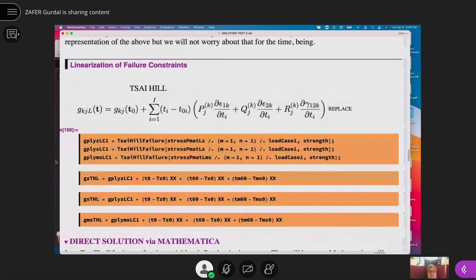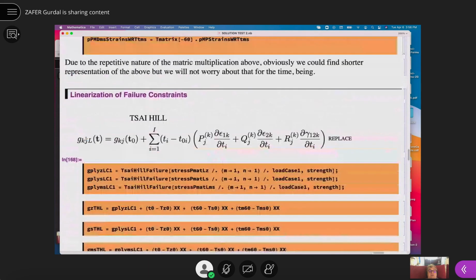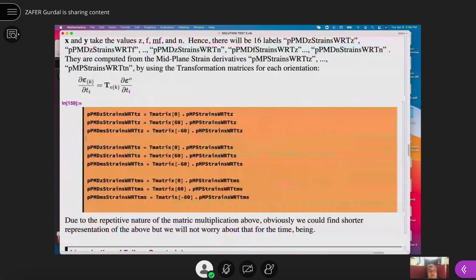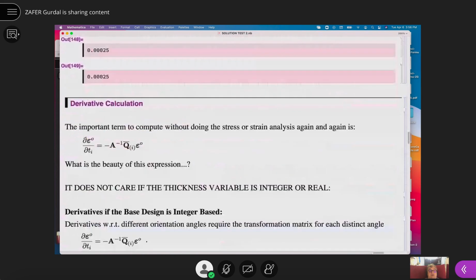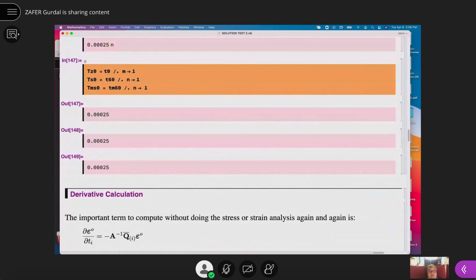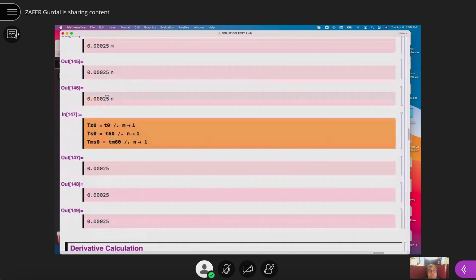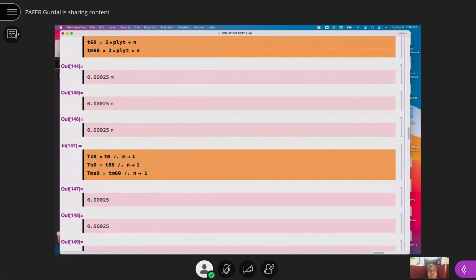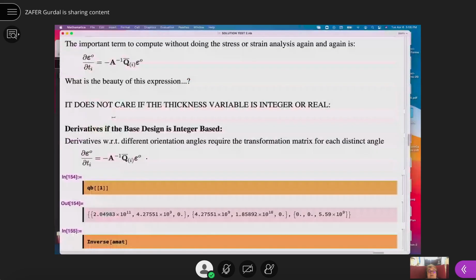T minus TZ0 comes, one of them is a parametric variable, the other one is actually a number, and they are down here. TZ, TS, TMS, those are numbers, and T60, TM, those are in terms of M's and N's.